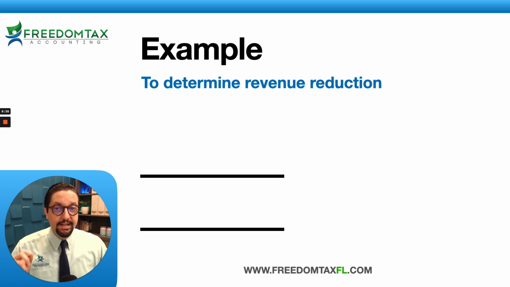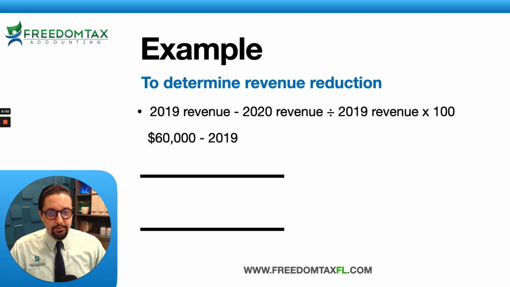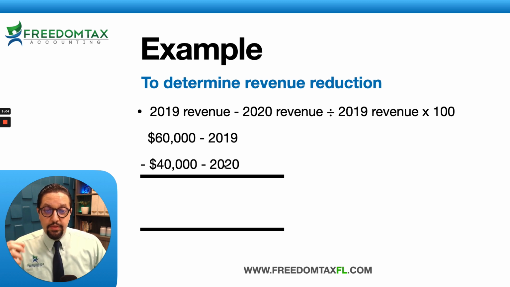Now let's do an example. Once again, this is the formula: 2019 revenue minus 2020 revenue, divide by 2019 revenue, multiplied by 100. Let's say that we have for 2019, either annual or a quarter, $60,000, and for 2020, we have $40,000.